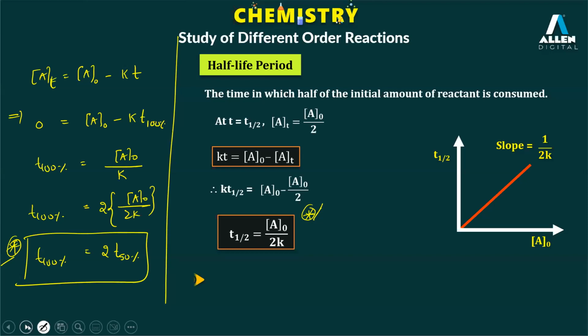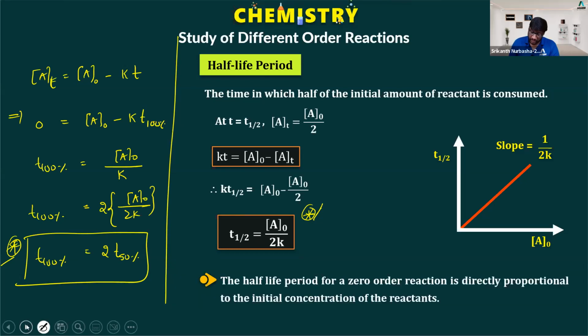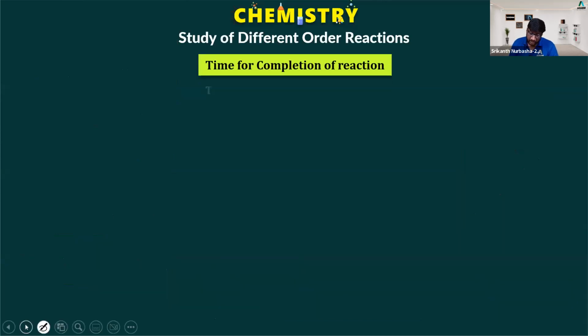So let us try to solve some examples. The half-life period for a zero order reaction is directly proportional to the initial concentration of reactant. We can see that T half versus A naught is a straight line passing through the origin with a slope of 1 by 2K. How much time is required for completion of the reaction? 2 times that of T half.